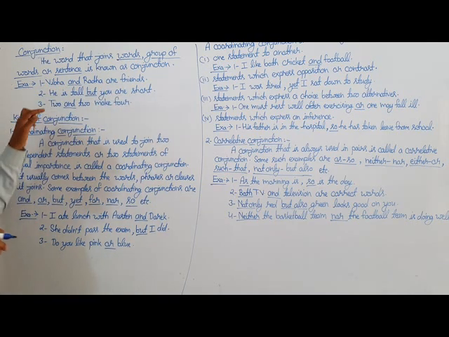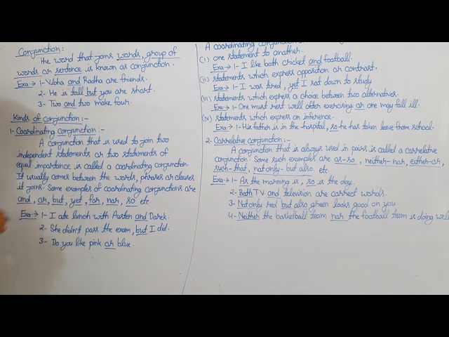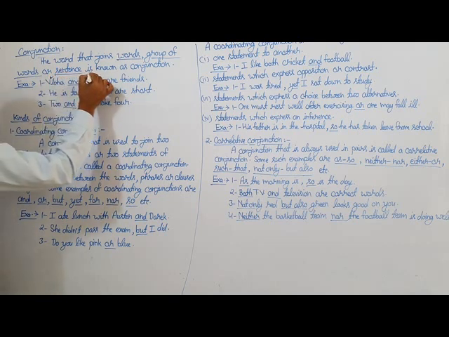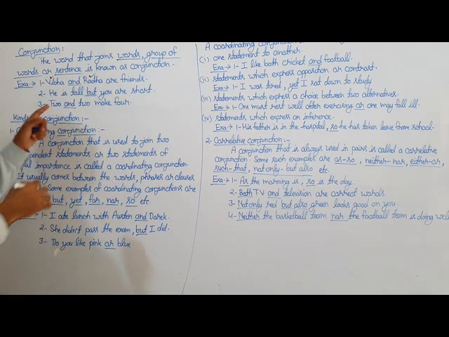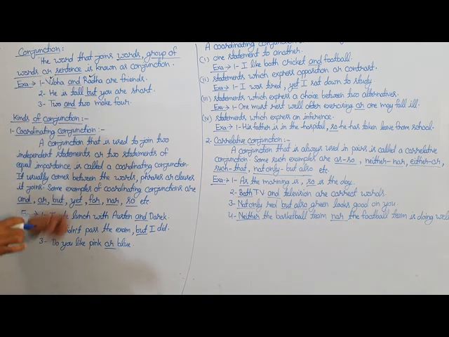Here is the first example of the same expression. Vibha and Radha are friends. Here in the first example, the underlined word "and" is used to join two words, Vibha and Radha, with each other. So we can say that "and" is a conjunction.